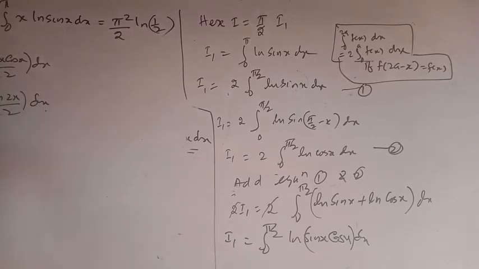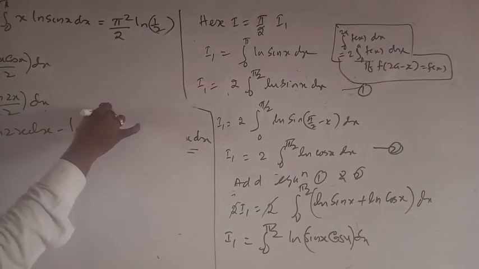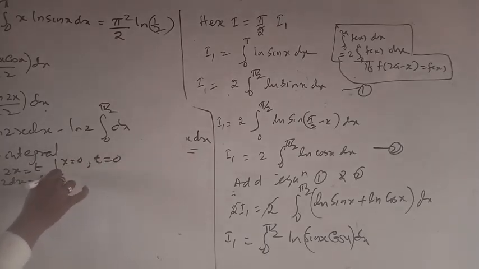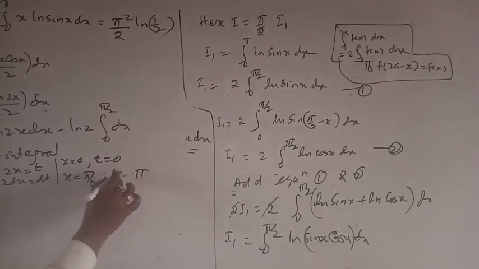I1 is equal to the integral from 0 to pi by 2 of log sin 2x dx minus log 2 times the integral from 0 to pi by 2 of dx. For the first integral, put 2x equal to t, so 2 dx is equal to dt. When x is equal to 0, t is equal to 0. When x is equal to pi by 2, t is equal to pi.